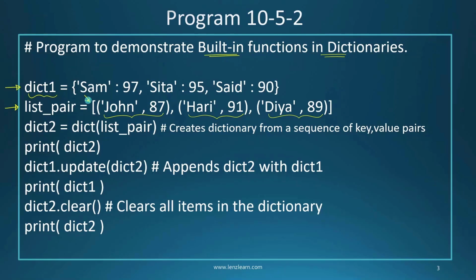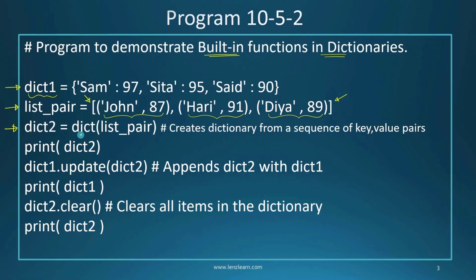Because you can see it is starting with a square bracket and ending with a square bracket. And inside this list, there are 3 tuple elements. Now why I created this list is because if you create a list just like this, you can convert this list completely into another dictionary by using an inbuilt function. So that is what we are going to study in the next statement.